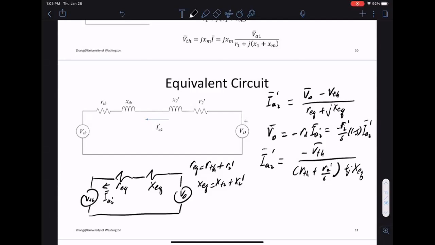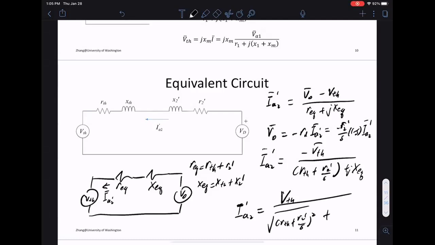So VD, we can eliminate VD because I have two equations relating IA2 prime to VD. So from these equations, I can directly get the equation for IA2 prime. And for example, if I just want the magnitude, then I have VTH over the square root of (RTH plus R2 prime over S) squared plus X equivalent squared.